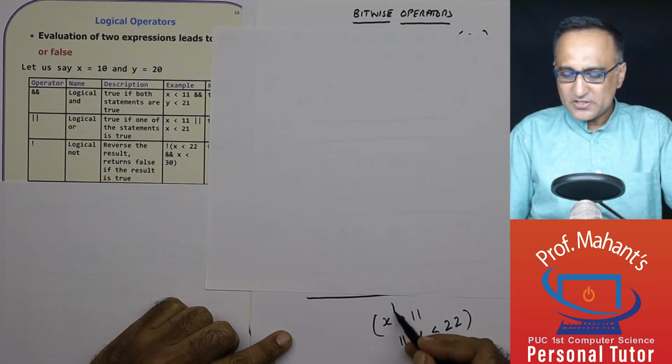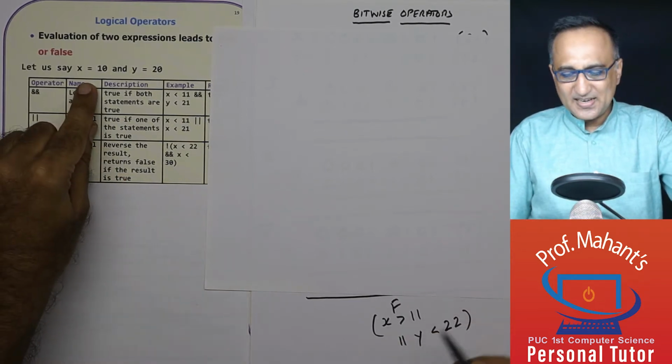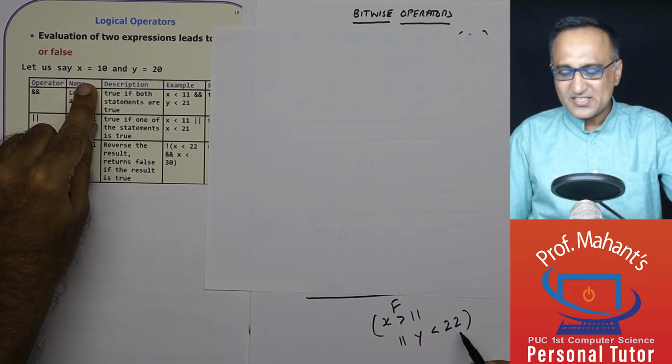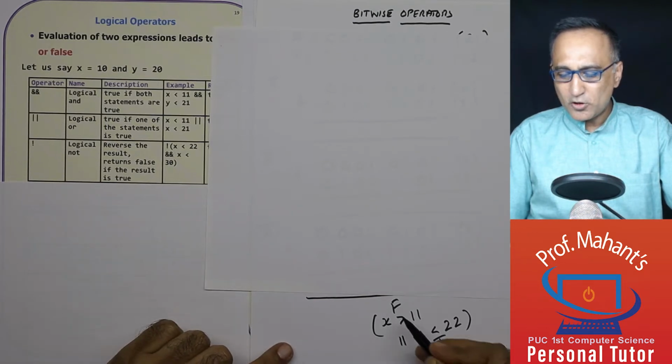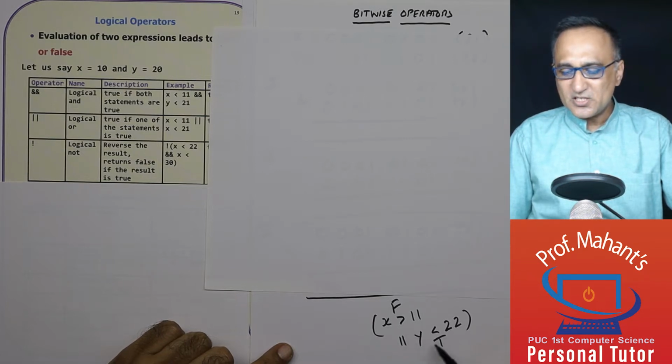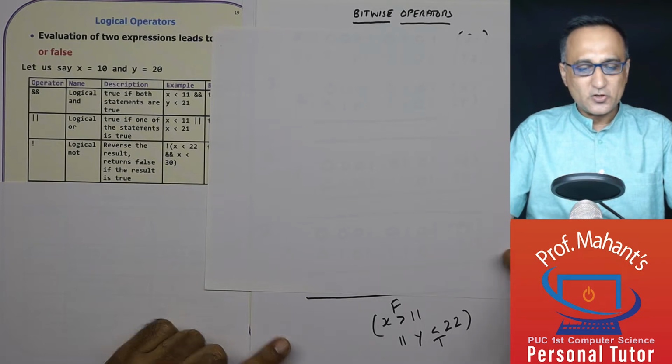This is false because x is 10. 10 is greater than 11 is false, but still this entire statement is true because 20 is less than 22. The OR indicates one of them must be true. False ORed with this part happens to be true. So either one of them must be true. So since this part is true, we treat it as true.